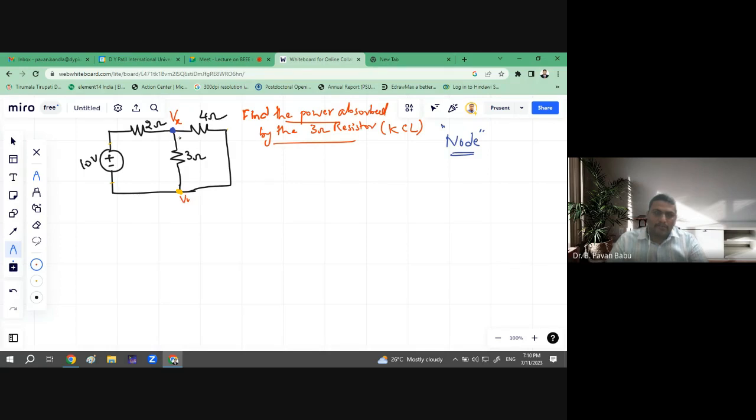Basically, Vy will be 0, so we need not highlight it as Vy. Just keep it aside and consider only Vx. The voltage is between two terminals, and the other terminal is the ground or the return path, so there are no elements there.